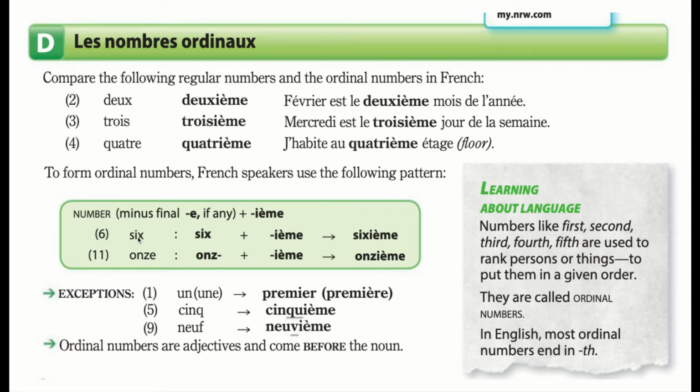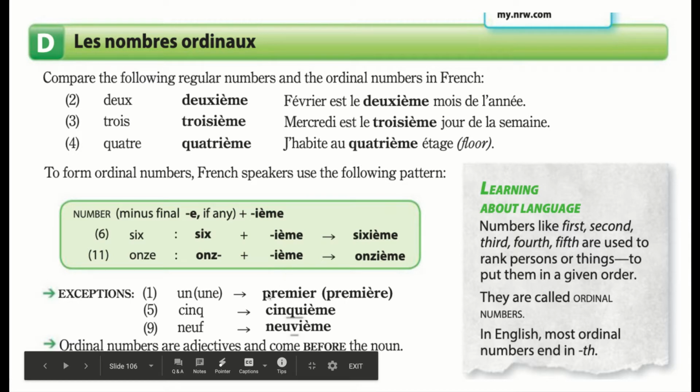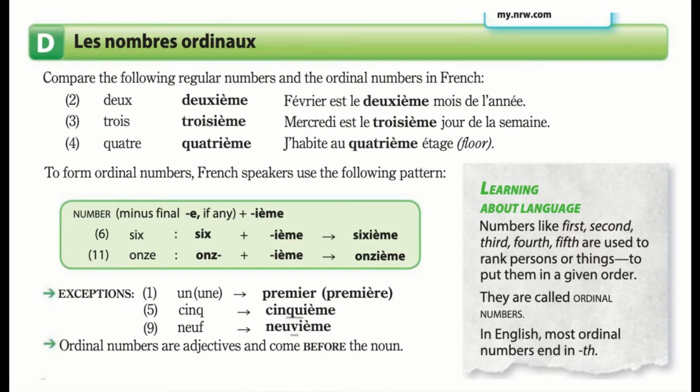I mean, six, sixième, onze, onzième. Are there a couple of numbers that have wacky spelling changes? Yes. Look, cinquième, they left the U in there. Neuf, they changed the F to a V, neuvième. I am not overly concerned about the spelling right now, but if you could recognize it and pronounce it, bravo.